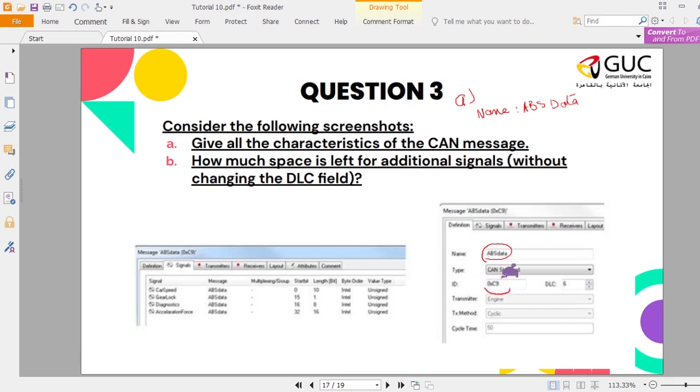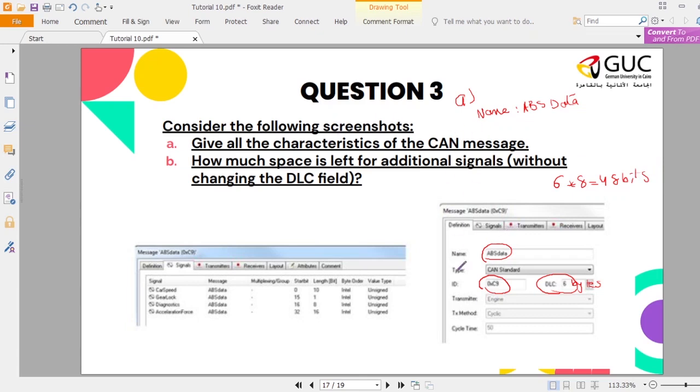This is the message ID 0xC9, this is the ID, and we have the DLC or the data length code 6. This is 6 bytes. Okay, so 6 times 8, we will have the total number of bits in the DLC, which will be 48 bits.